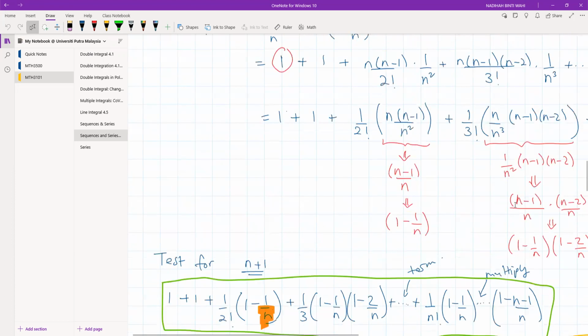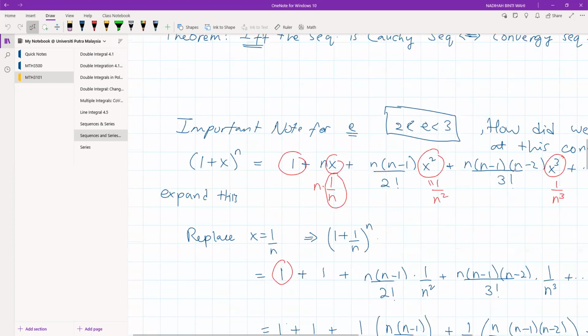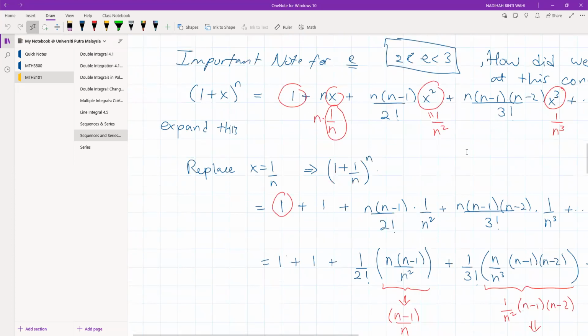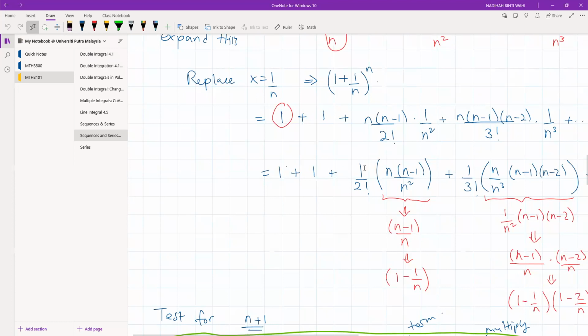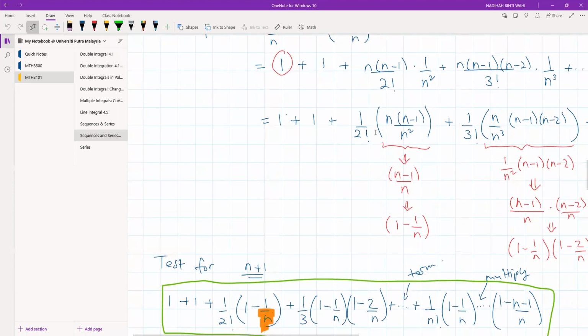Okay, so awak ingat lagi tak dia punya ni? Saya replace, this is for exponential. Dia macam ada sikit-sikit dengan exponential, tapi exponential dia ada extra term kat sini. Kalau awak tengok, extra term dia 1 tambah 1. So dia macam 0 factorial.